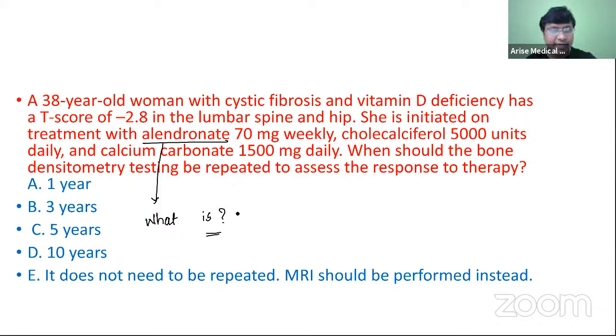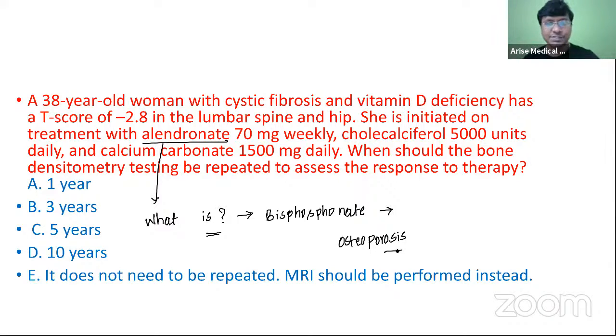All right. Alendronate is a bisphosphonate, and it is given for the treatment of osteoporosis. Very good, Bhargavi. Now, what are the other examples of bisphosphonates?